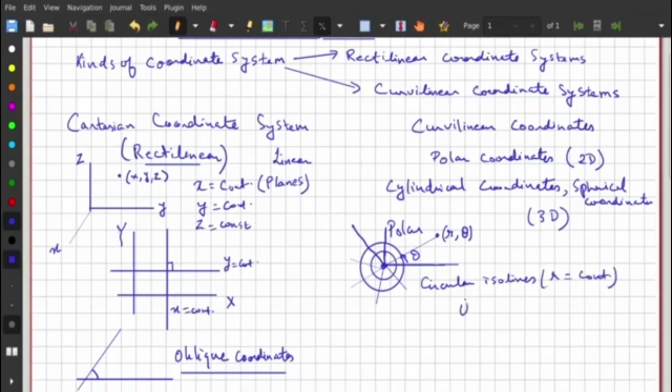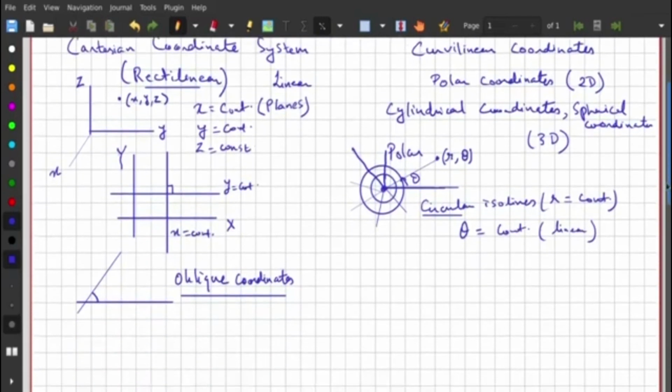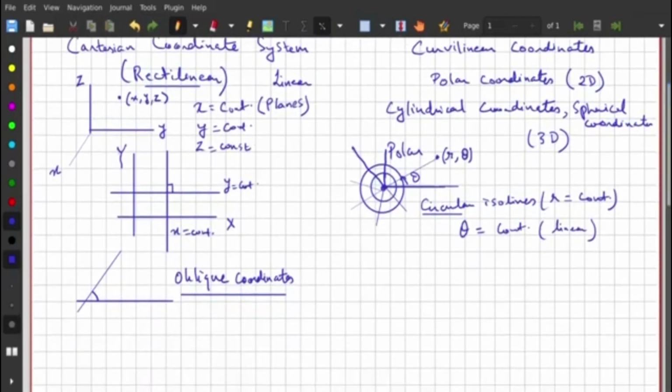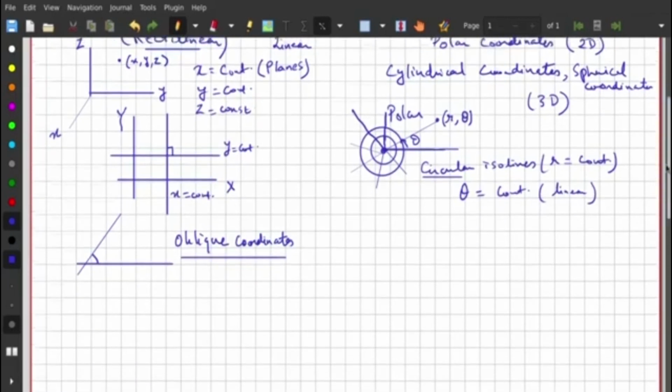On the other hand, the other isolines, theta equals constant, are still linear objects. But since one of the coordinates is non-linear, the polar coordinate belongs to the curvilinear coordinate systems. Okay, and the extension of the polar coordinate to higher dimensions is the cylindrical coordinate, and we also have the spherical coordinates.